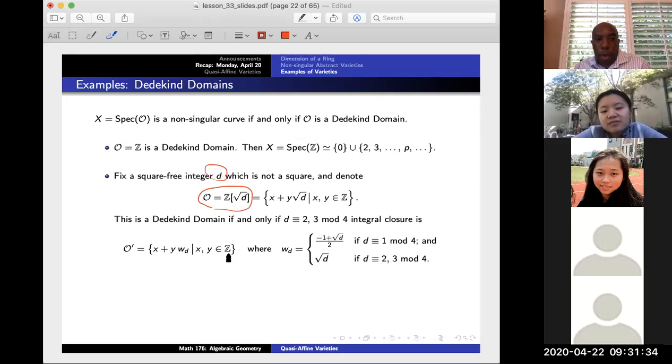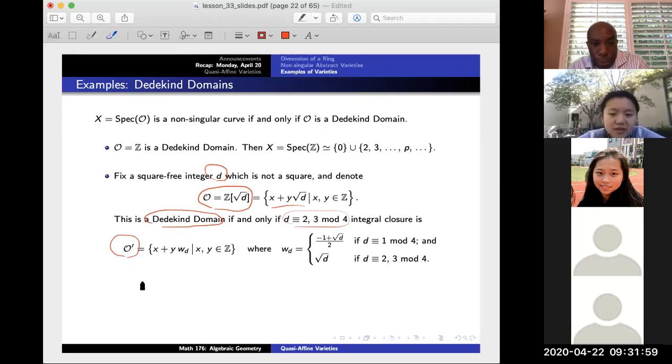Right, so here x and y are integers, and we're looking at numbers of the form x plus y square root of d. So you can actually work out that this is a Dedekind domain if and only if d is congruent to 2 or 3 mod 4. This is because the integral closure is this here.